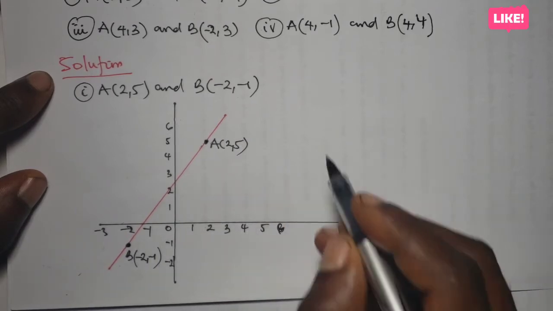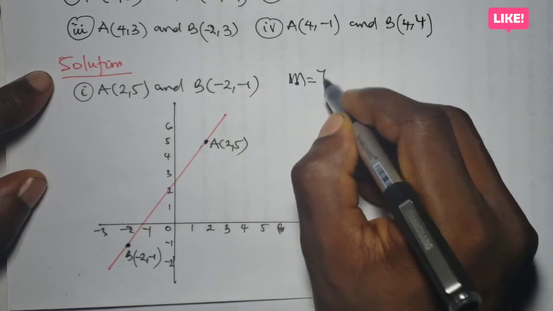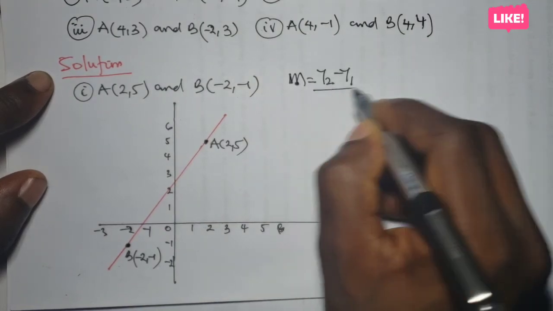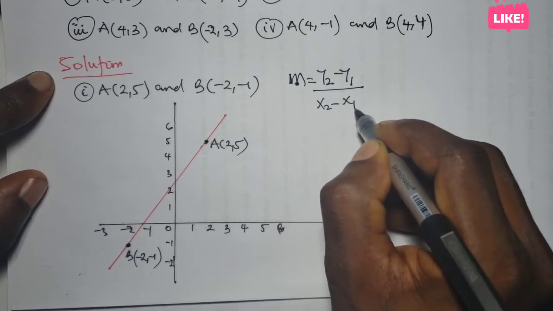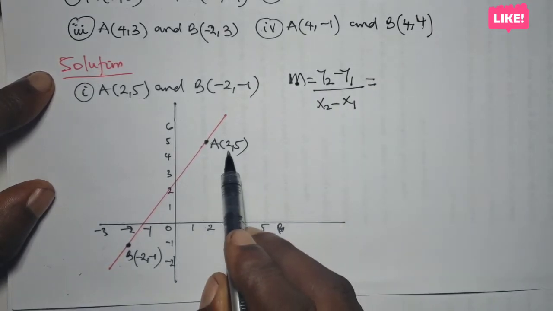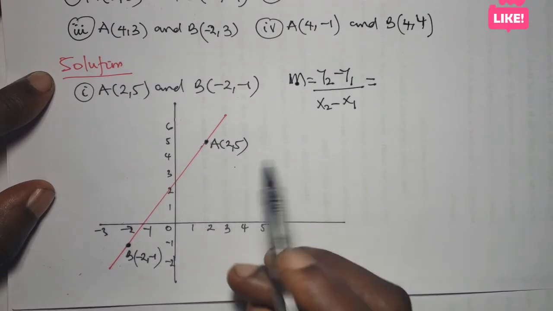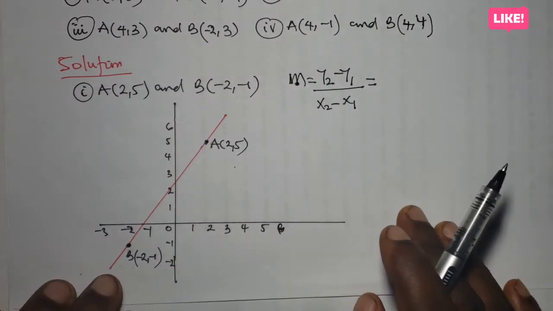We have to find the slope. So the slope M is y2 minus y1 over x2 minus x1. So this is my x1, y1, and then x2, y2. If you like, you can call this point x1, y1 and this other point x2, y2. You get the same slope.